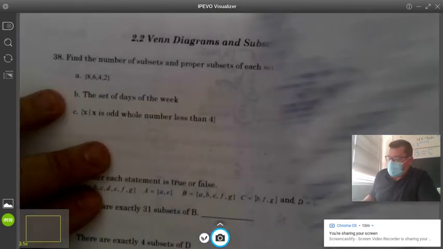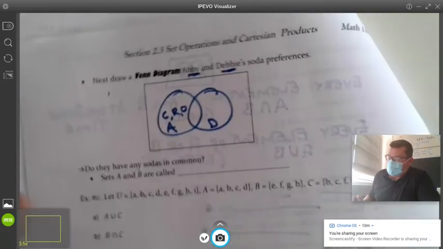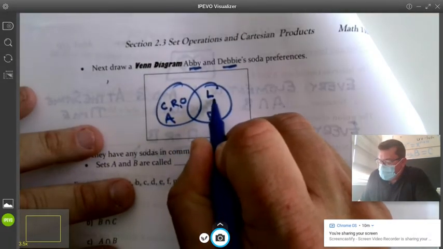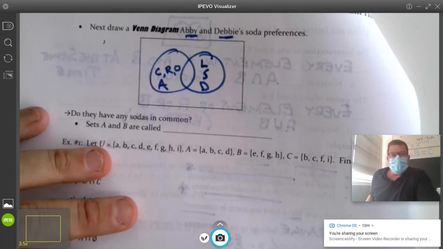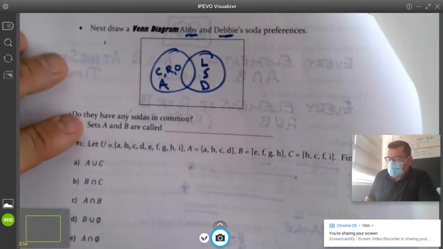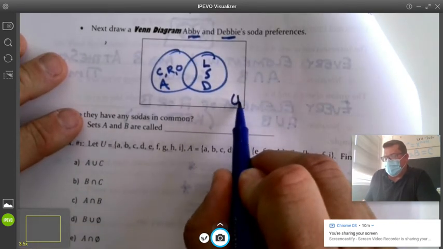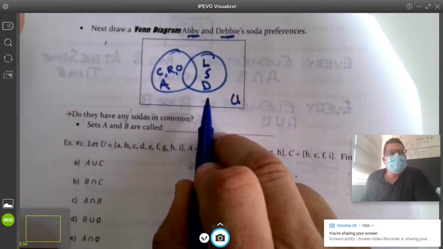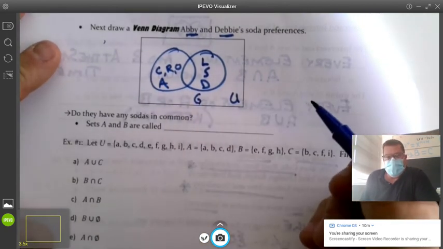Debbie's root beer, she likes the fruity ones, lemon, lime, and strawberry. They have nothing in common. Is there an additional soda that neither one likes and it would float in the universal set? Great. And we took care of all of them.